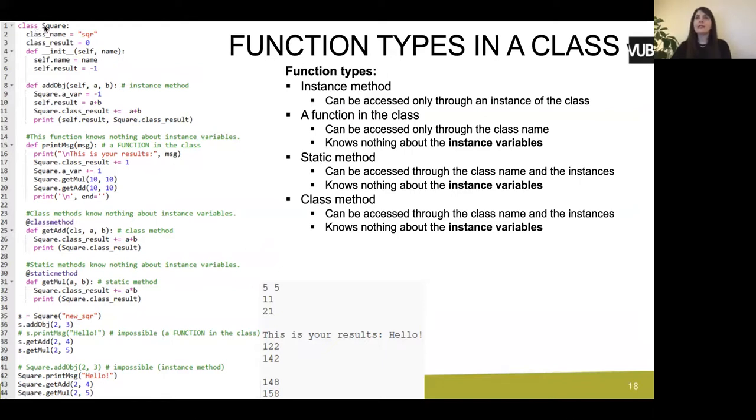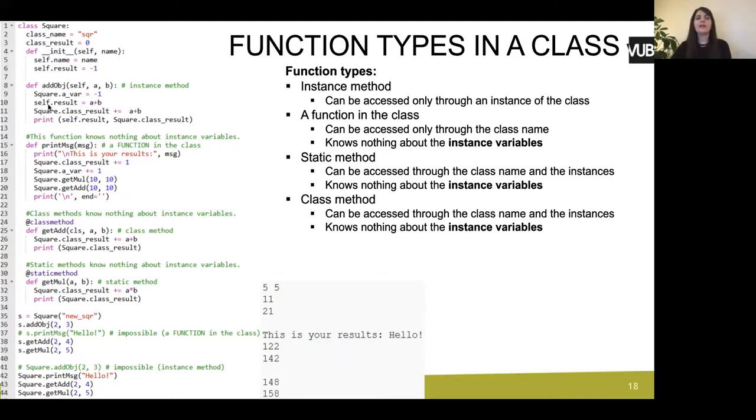We have a class here whose name is Square. This is the class definition. It has 2 class variables, then a constructor, and 2 instance variables, which are defined in the constructor using self dot.